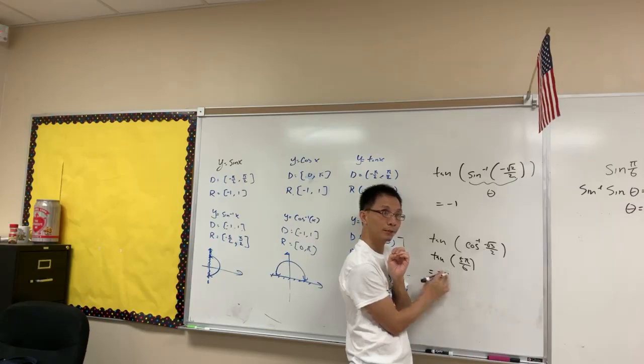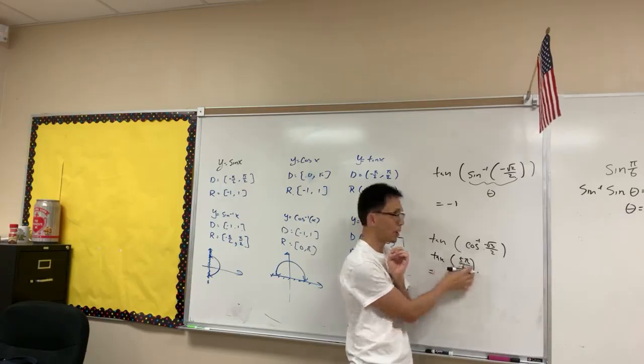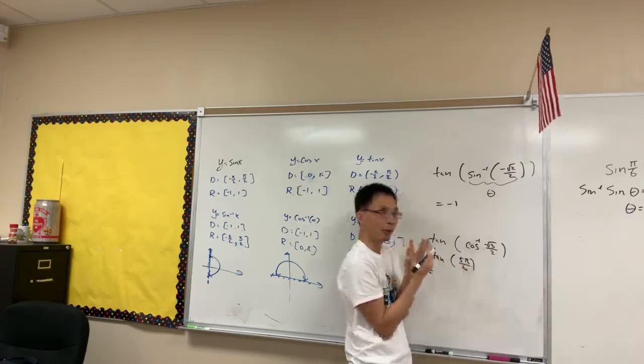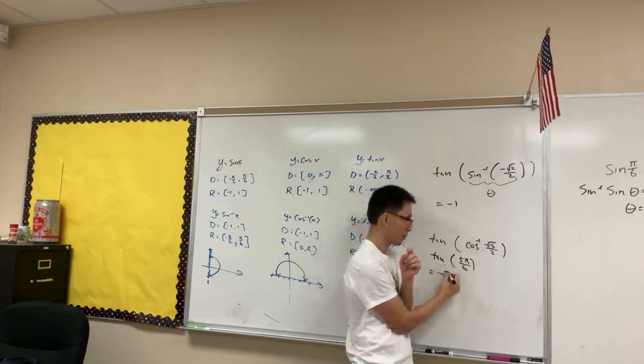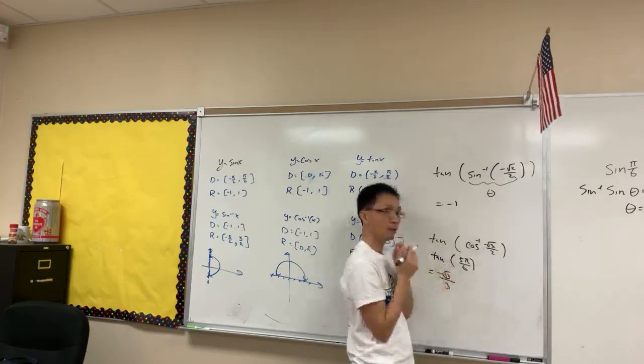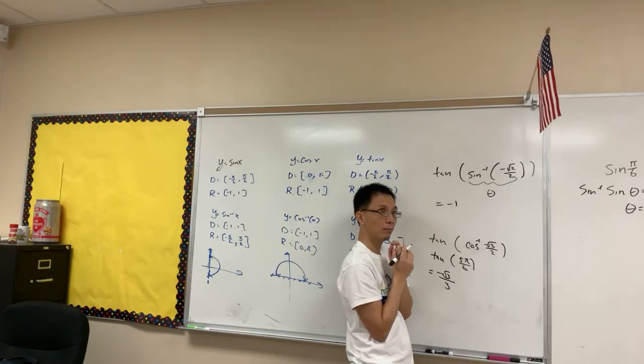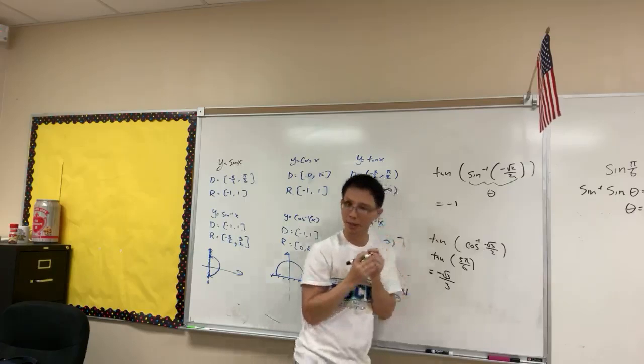Justin, what did you get? You are going to get some type of value for tangent. Tangent only had 3 choices: square root 3, 1, and square root 3 over 3. Negative radical 3 over 3. Is that the answer for this? Yes. That's it. Okay, next question.